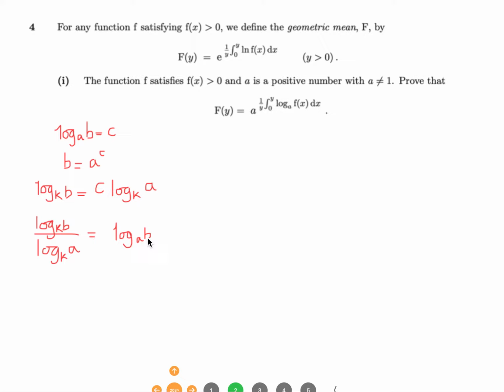Okay, so knowing that, I'm going to rewrite this. So ln of f of x, or log base e of f of x, can be written as, in this case a would be e and b would be f of x, so it would be log base a of f of x divided by log base a of e.